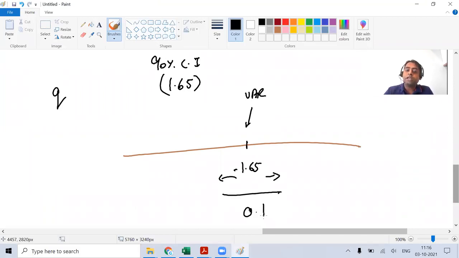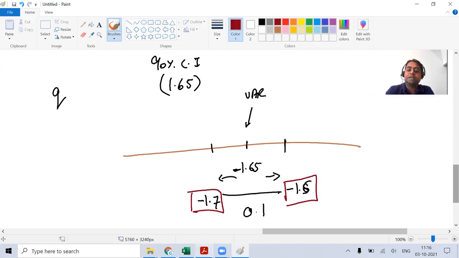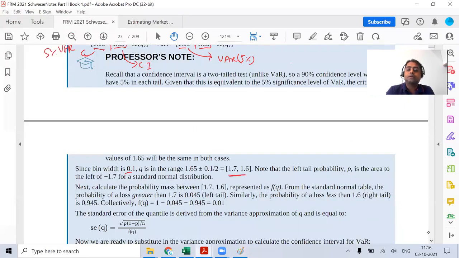Please understand this is the negative side. So ideally it is going to be negative 1.7 and negative 1.6. This is how we have found these two values, and that is being referred to over here.